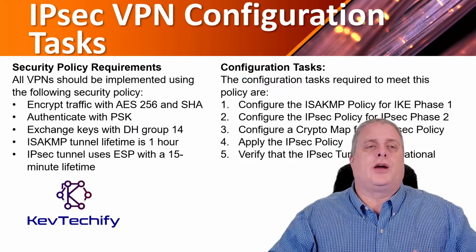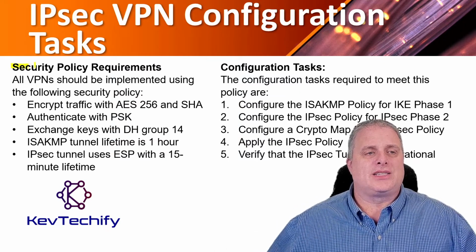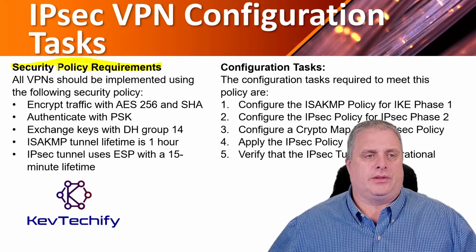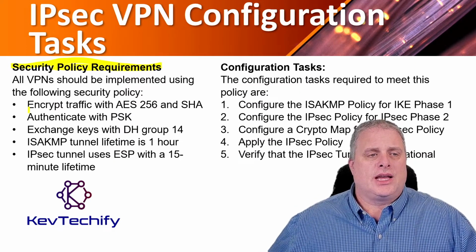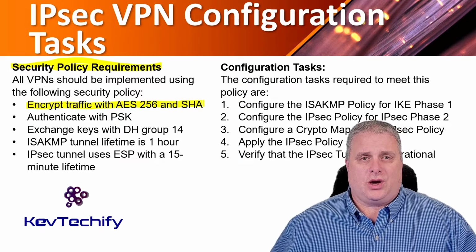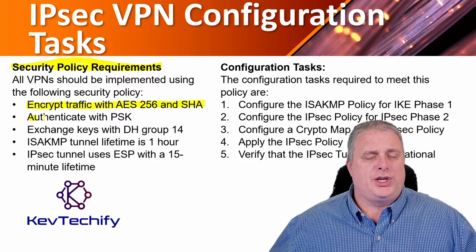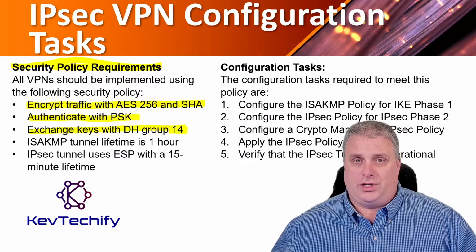As we work on setting up our IPsec VPN, these are our security policy requirements, which are basically our corporate security policy. First, we encrypt traffic with AES 256 and SHA. We're going to use a pre-shared key. We're going to exchange the keys using Diffie-Hellman, specifically group 14.